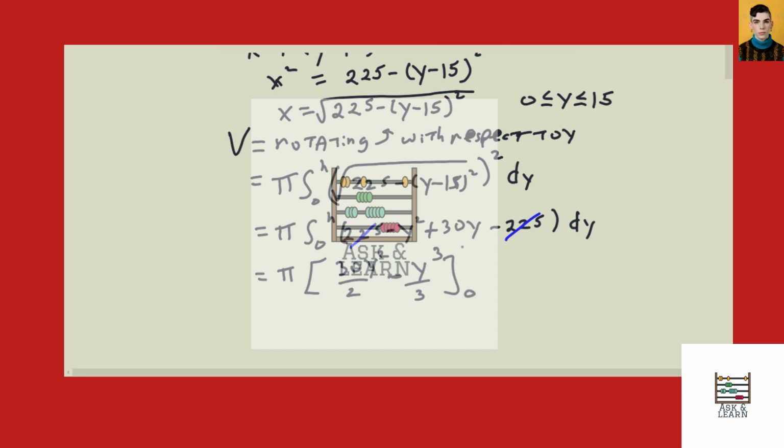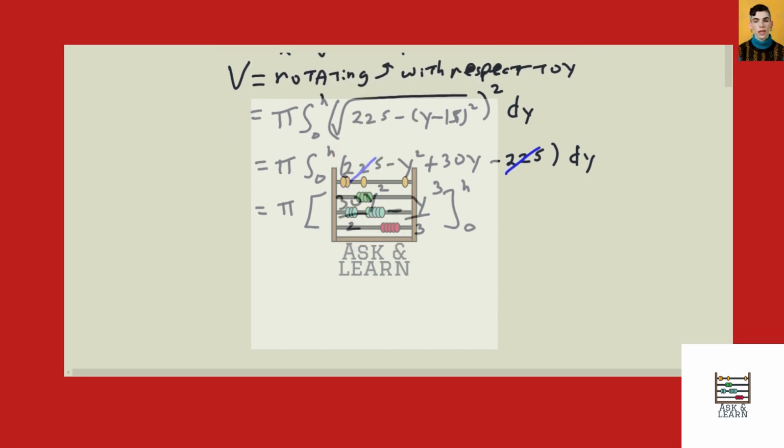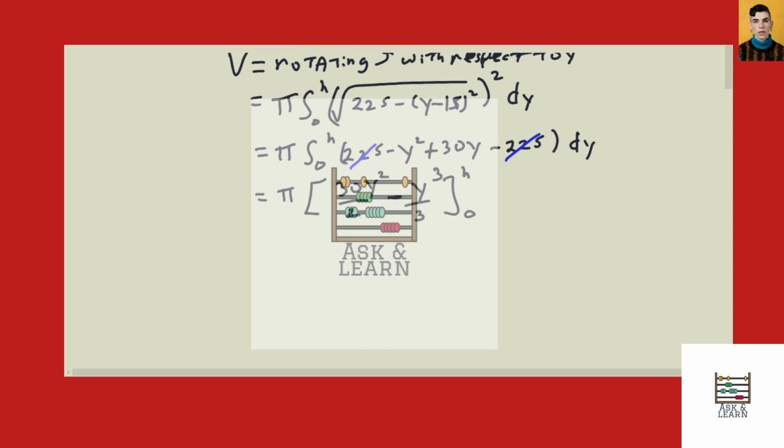We're going to evaluate this from 0 to h. When I put in 0 for y, that's all 0, so that drops out.